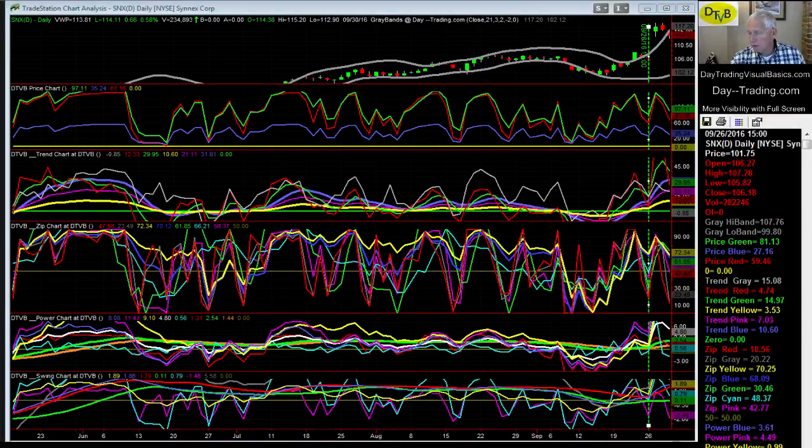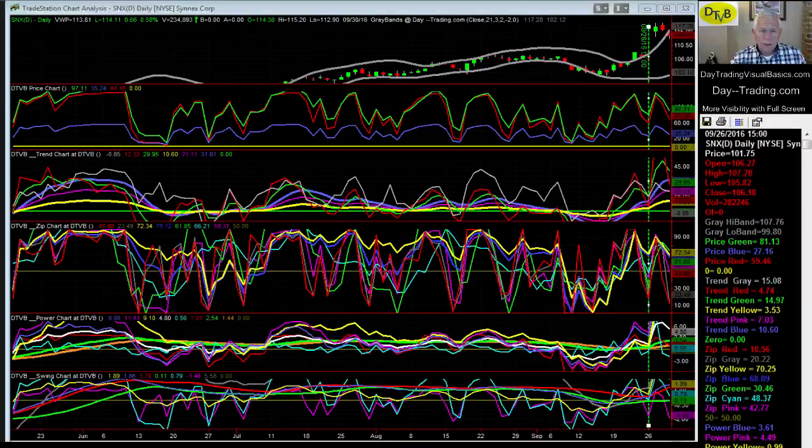But in the zip chart, we have 4 low angles down, and in the power chart, we have 4 low angles down. In the swing chart, we have 1 low angle down, swing Zion. In the power chart, we have 1 low angle up, which is the power Zion.